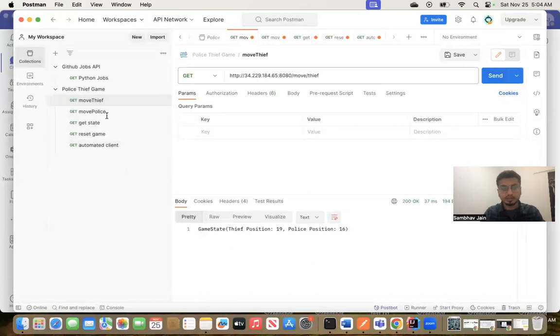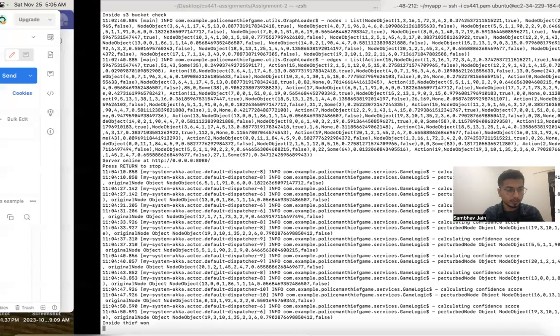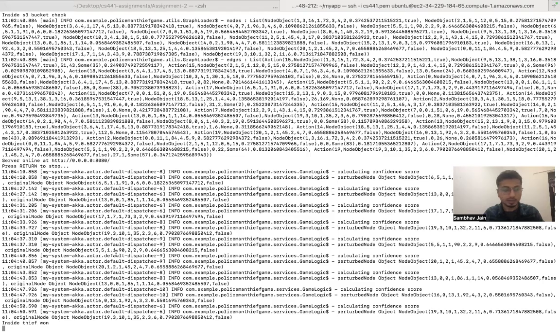Police is at 16, and we saw that 16 is a leaf node, so probably police is going to get stuck, and they got stuck. And the thief, with the opponent stuck, if we try to get the state, yeah, police is stuck at node 16. That's the original state, and we are getting all the logs here in our instance, right?